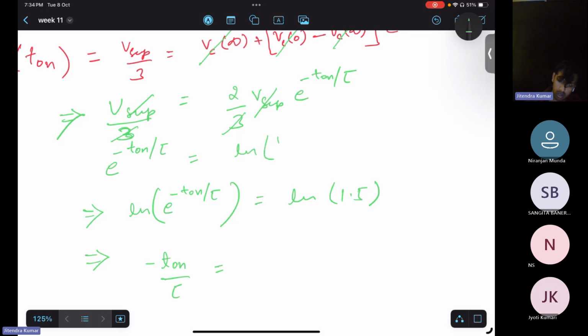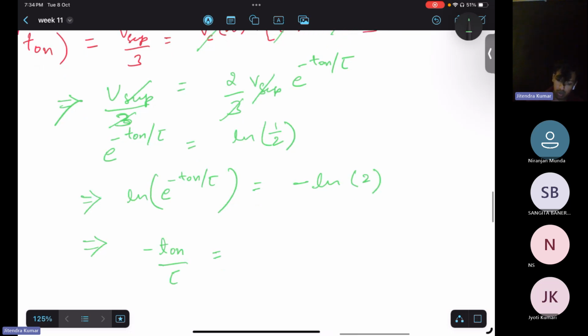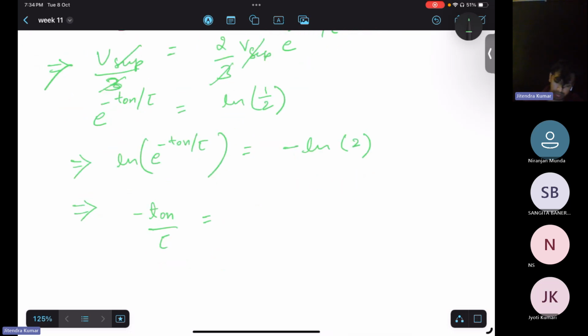So ln 1 by 2 here, minus ln 2. So T on is equal to tau into ln 2.